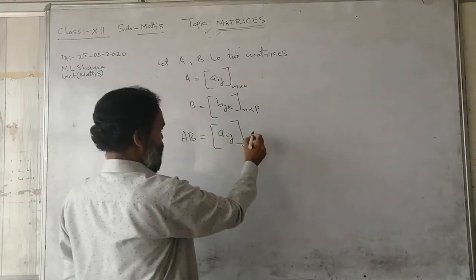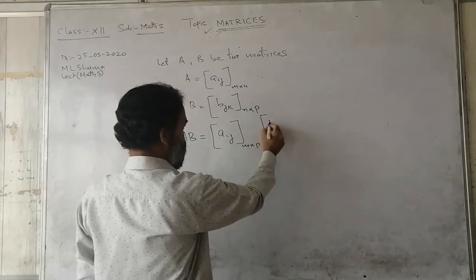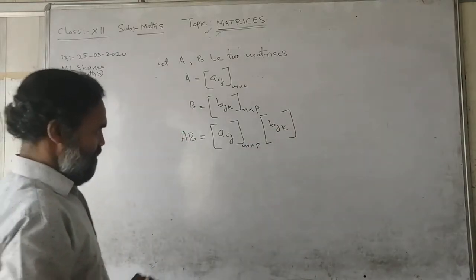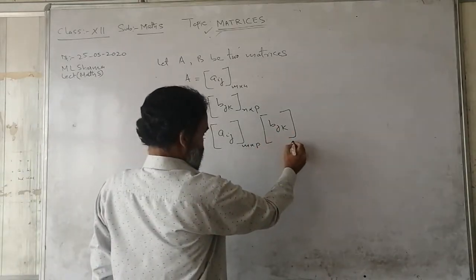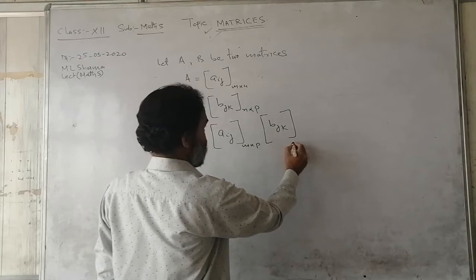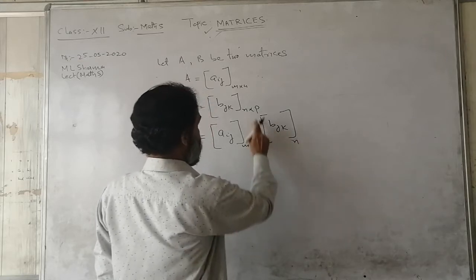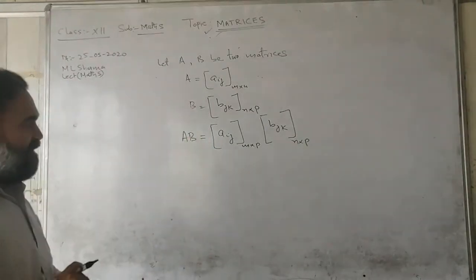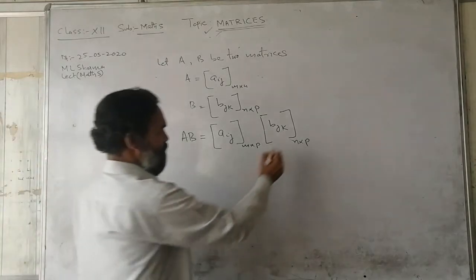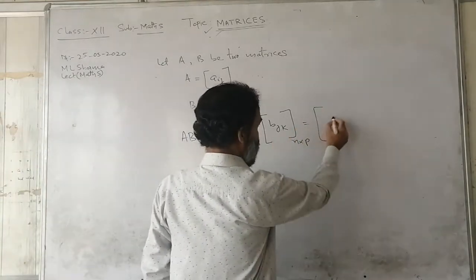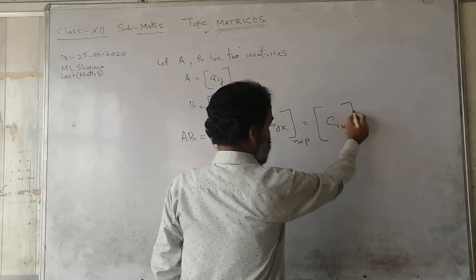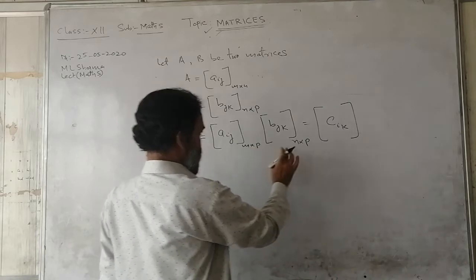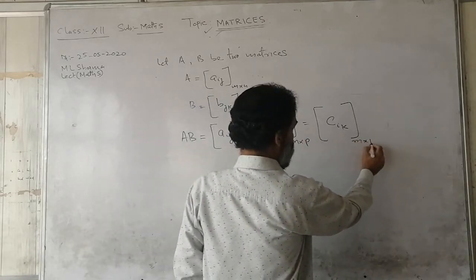the summation over j of Aij times Bjk, where j runs up to n. This is m into n, this is n into p. So when we multiply these two matrices, this will give another matrix, that is Cik, and its order will be m into p.